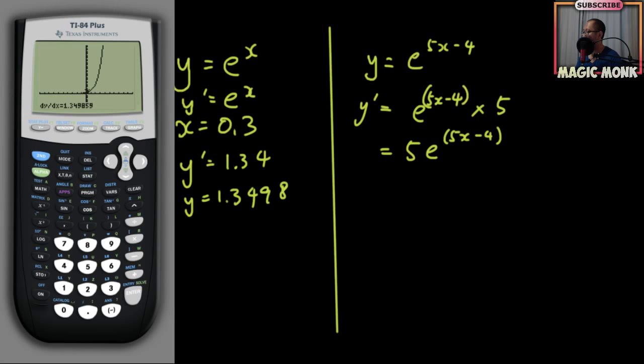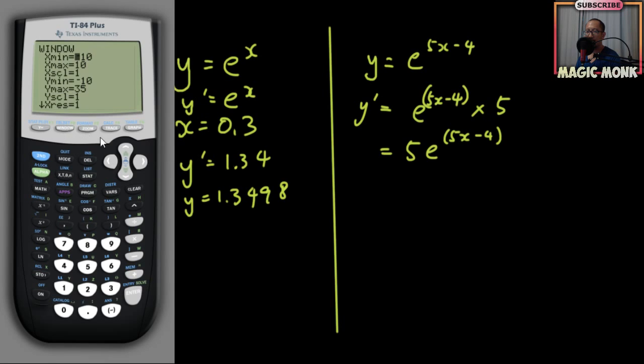Okay, let's check if we are right for that one. So if you graph e to the power of 5x minus 4, and then let's say you go to a random point.